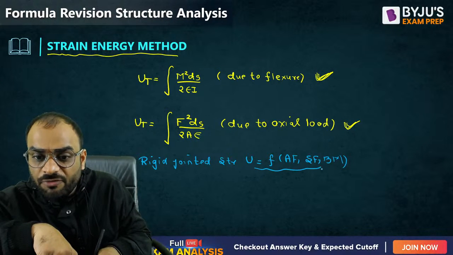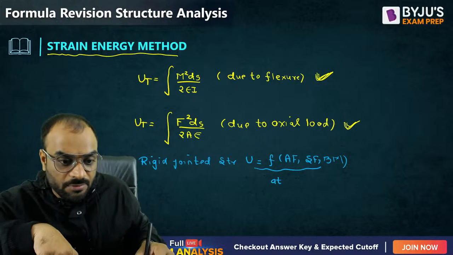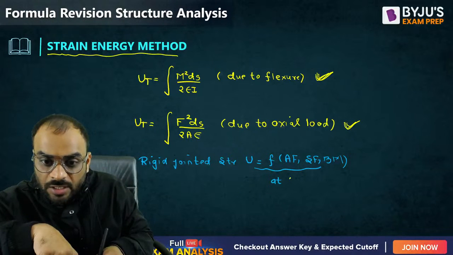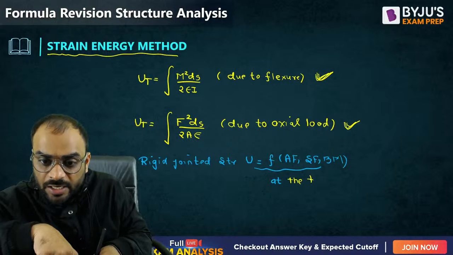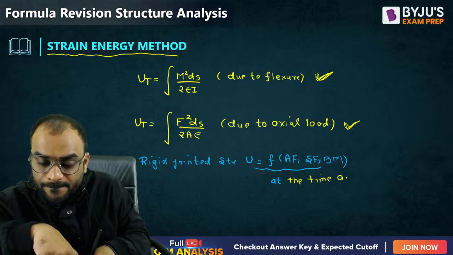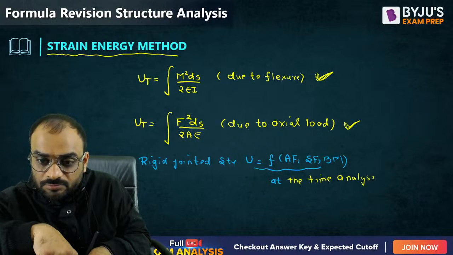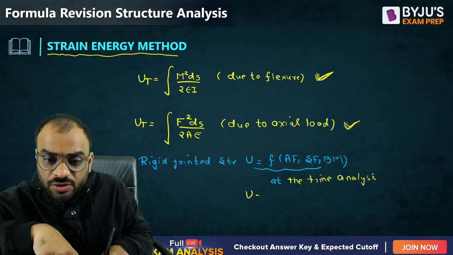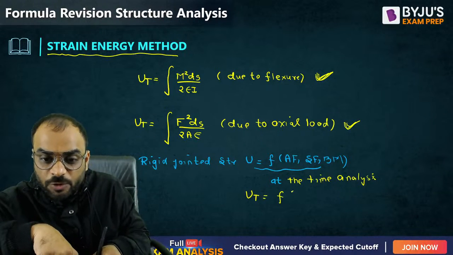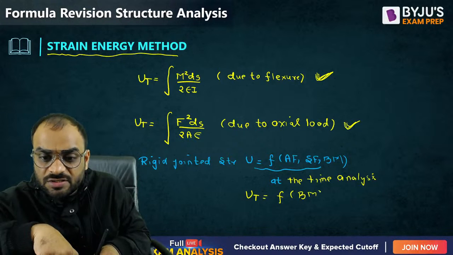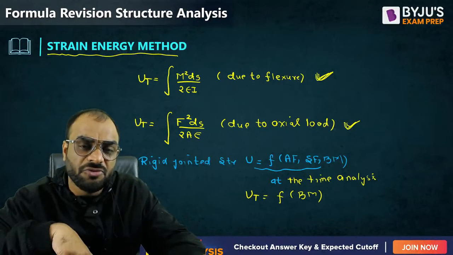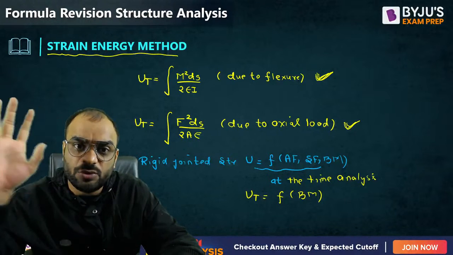But at the time of analysis, you need to consider the total strain energy as a function of bending moment only. Why? Because the strain energy stored in the structure by shear force and axial force is very less as compared to the bending moment.